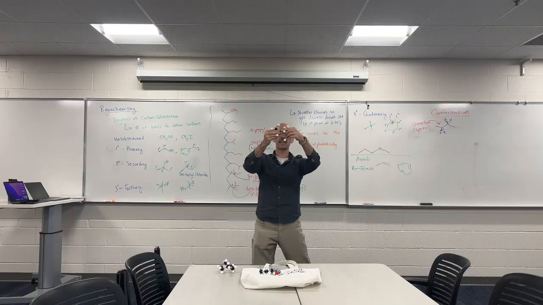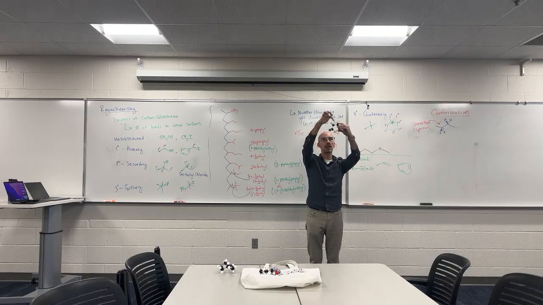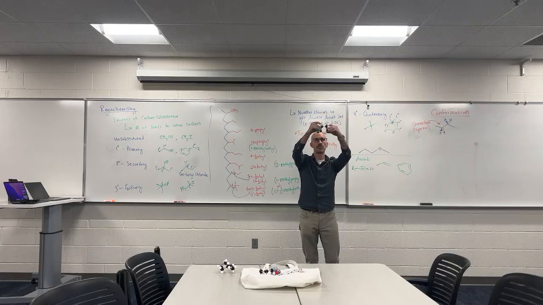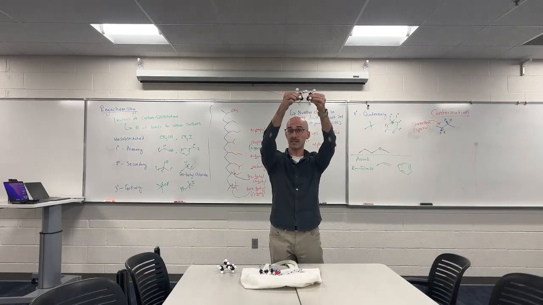So what I want you to do is take your zigzag and rotate it 180 degrees around that center bond. So now you've got a, not zigzag, but zig-zig.